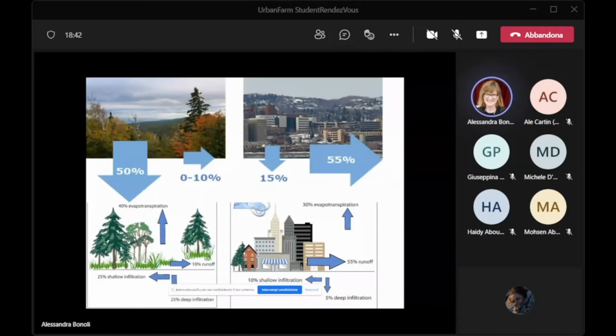Talking about water management, in the green areas, the common behavior, considering 100 as the total amount of rainfall water, is that more or less 50% is the percentage that is able to infiltrate in the soil, while just 10% represents the amount that runs off.